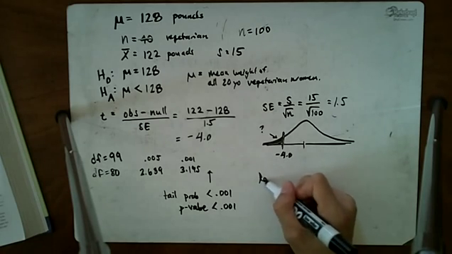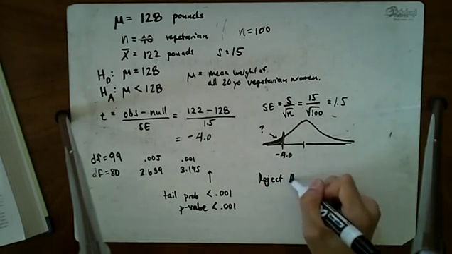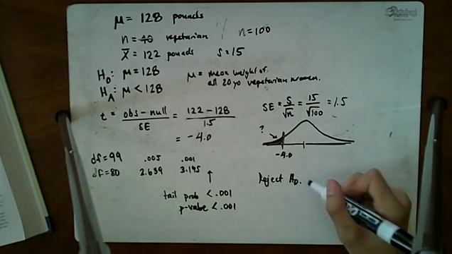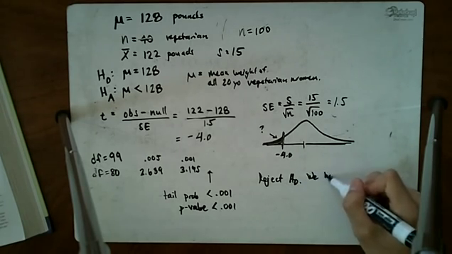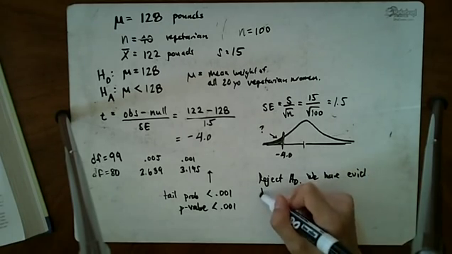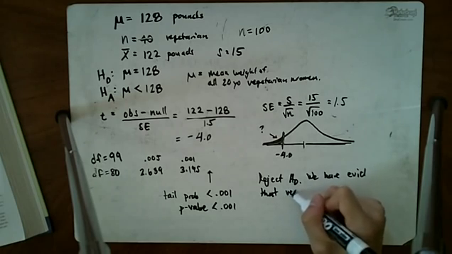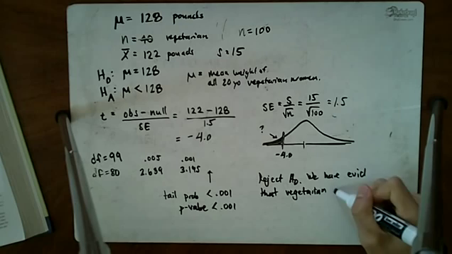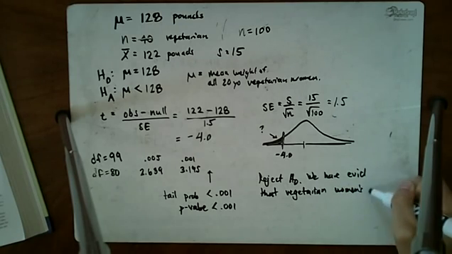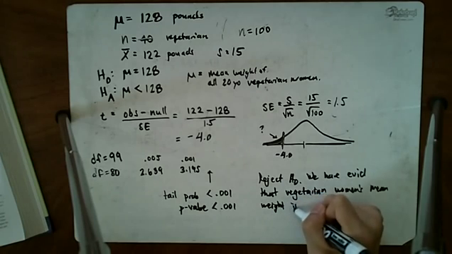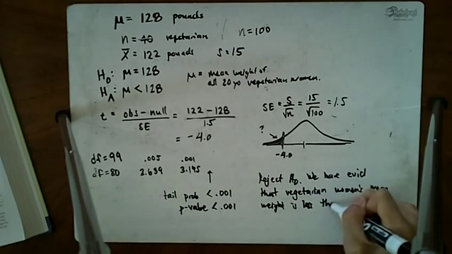And so again, here I'm going to reject the null hypothesis, and I come to the same conclusion that we have evidence that vegetarian women's mean weight is less than non-vegetarian women.